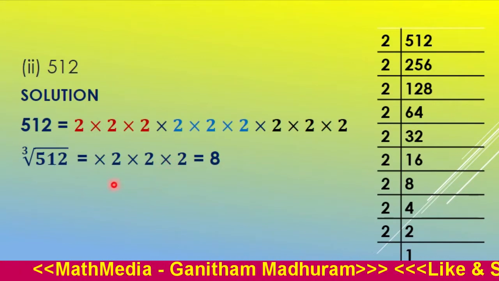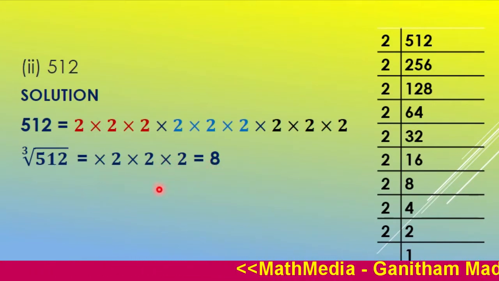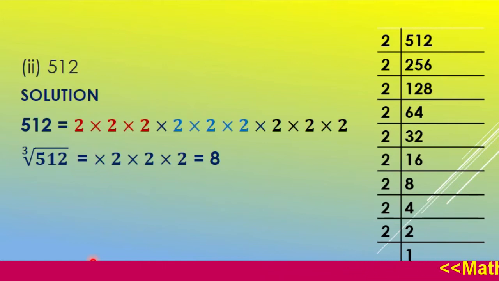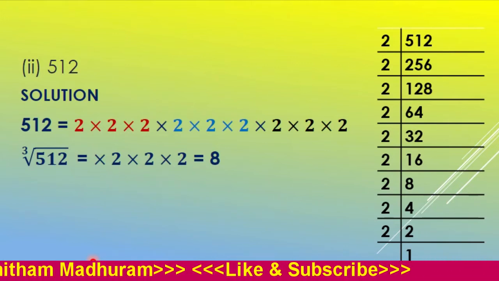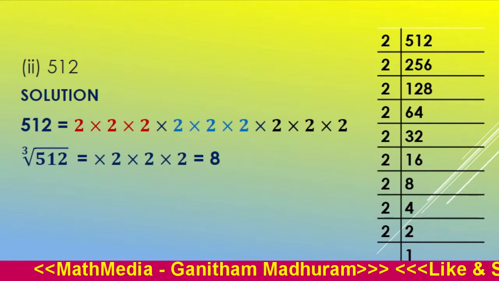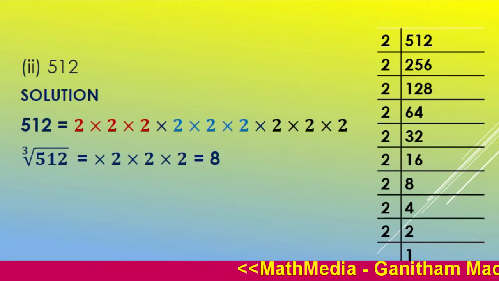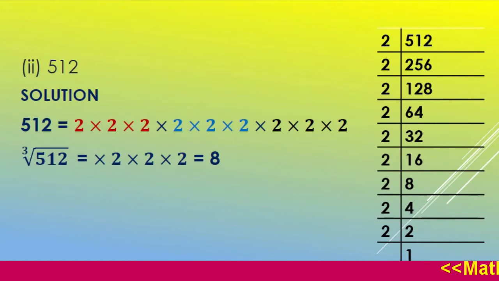Hence the answer will be the product, that is 2 into 2 into 2 will give 8. So 8 will be the answer, that is cube root of 512 is 8.